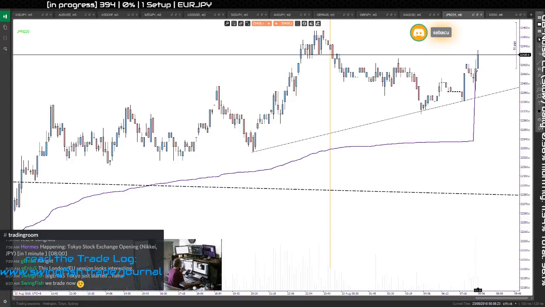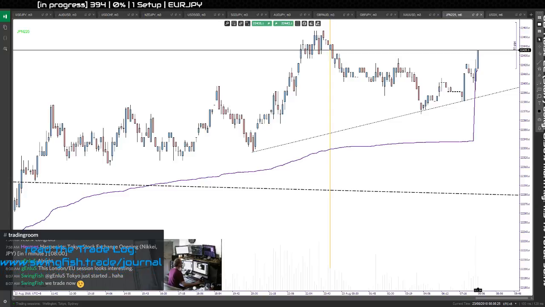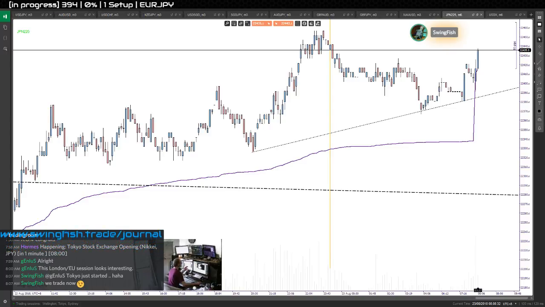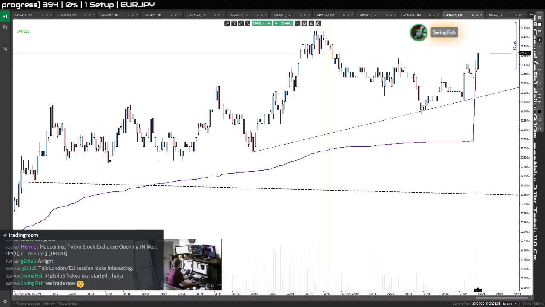Added buy positions. There you go. Well, let's add some meat. That was maybe a bad idea, but well, life is short.